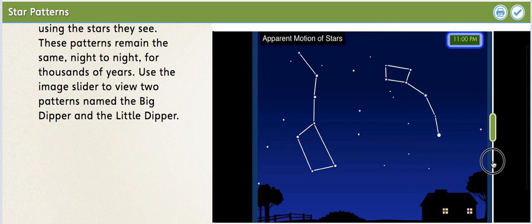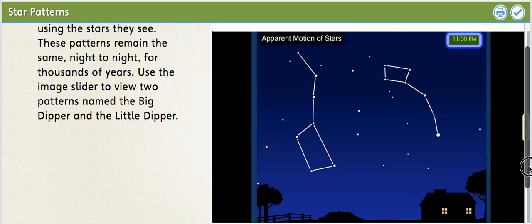Okay, I know this is very interesting. So these patterns remain the same night to night for thousands of years. Okay? So we can see here the Big Dipper and the Little Dipper.